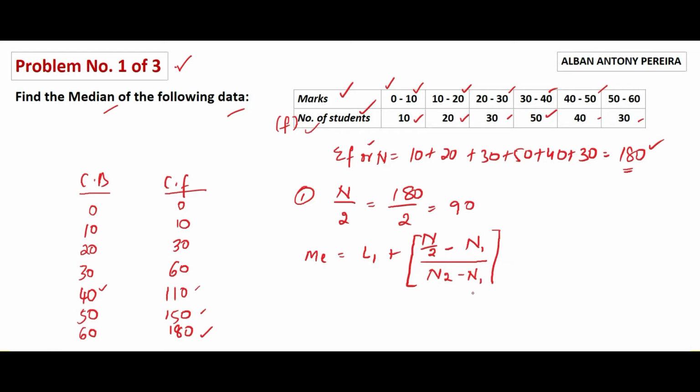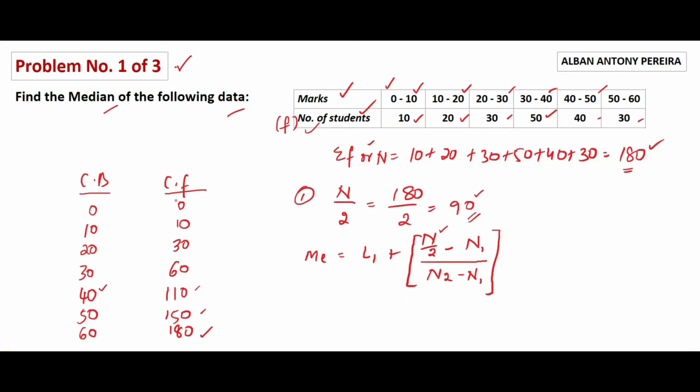So first write down the formula. Once you have written down the formula, we'll find out the answers one by one for L1, n1, n2 and n divided by 2. N divided by 2 answer we have already found out, that is 90.